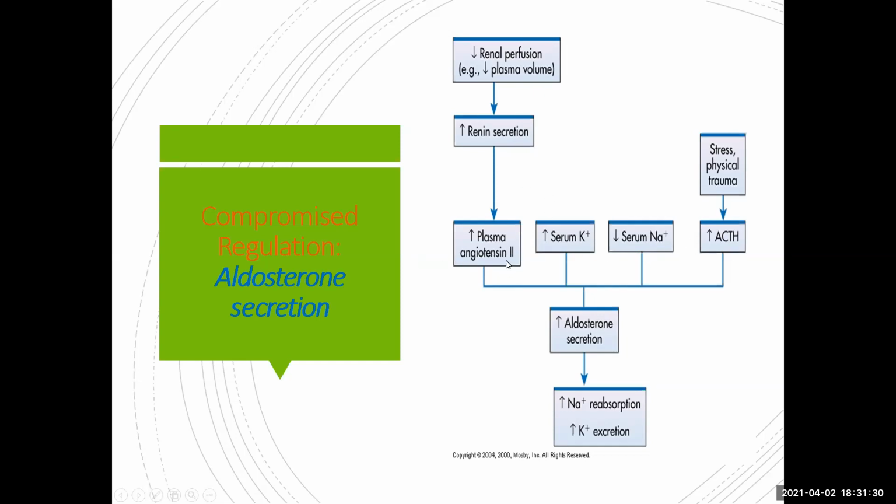You have the increase in plasma angiotensin 2, increase in potassium, a drop in sodium, an increase in ACTH, mostly because of this stress or physical trauma. And then it drops down to an increase in aldosterone secretion, which influences reabsorption of sodium and reabsorption of potassium.